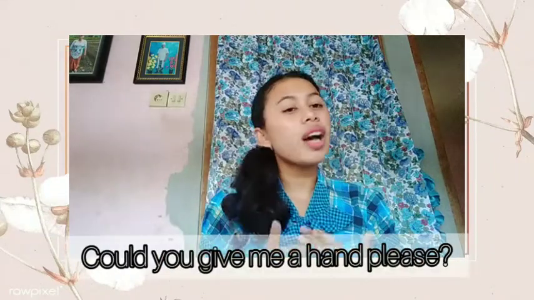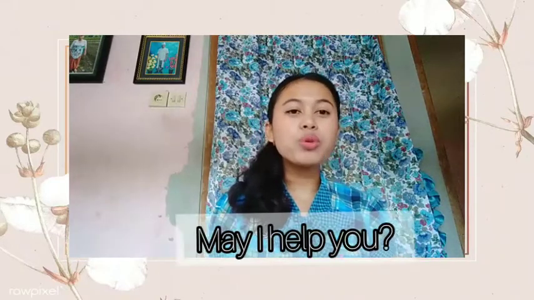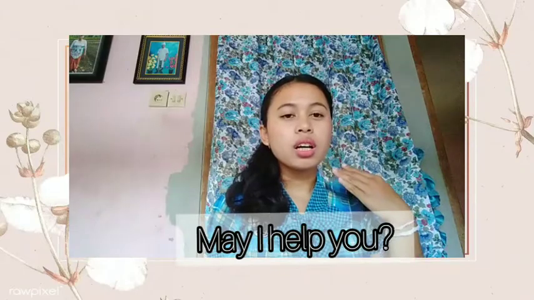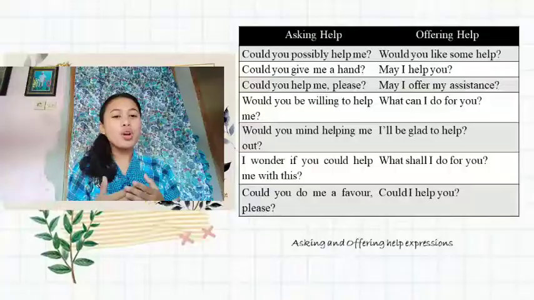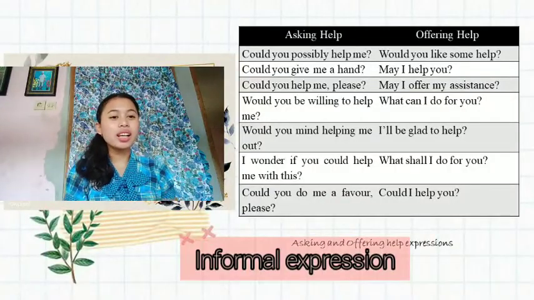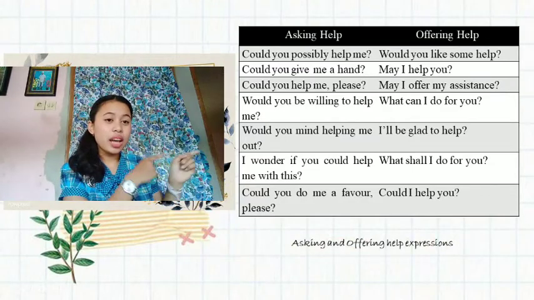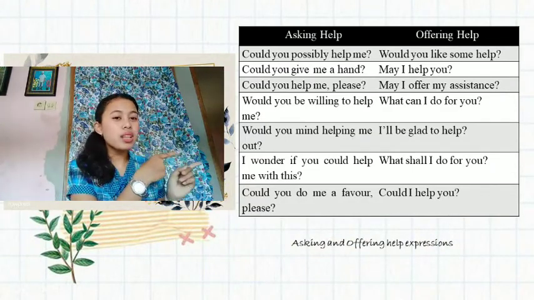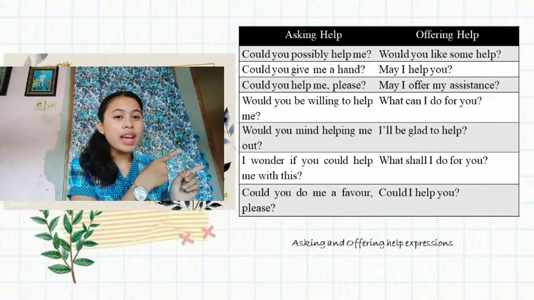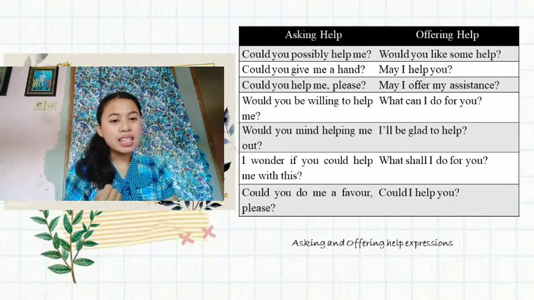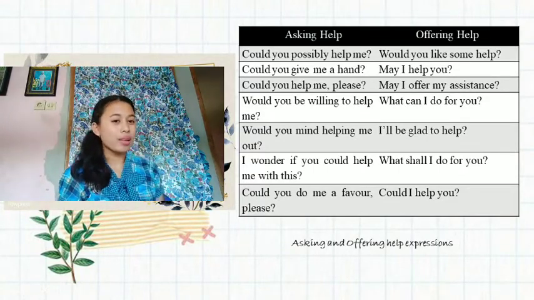Could you give me a hand please? And for offering help: might I help you? Could I help you? For other examples, you can see the table here, where I put some examples of expressions of asking and also offering help.